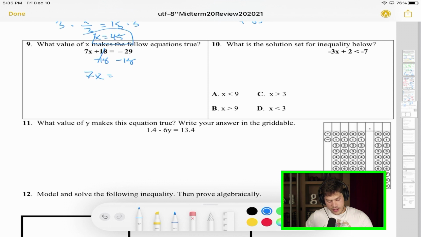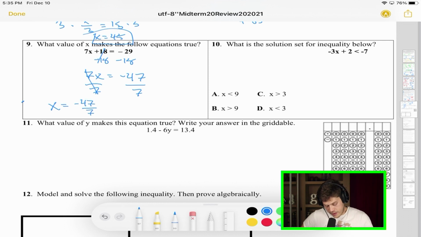No, that is right. Okay, negative 47. And so then we need to divide both sides by 7. These cancel, and so we're left with x equals negative 47 over 7.